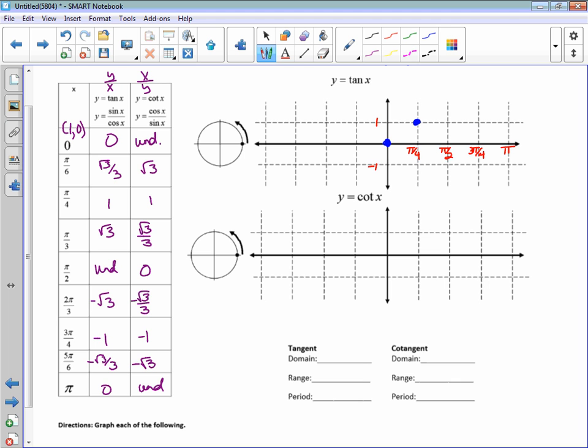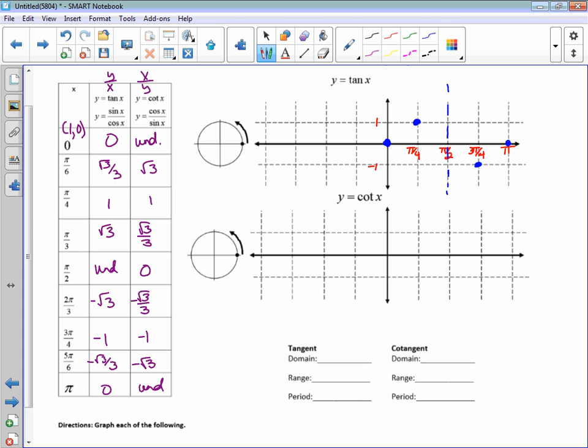What about pi over 2? What am I going to be drawing? Asymptote. 3 pi over 4? What about pi? 0. Okay. It's a good start.